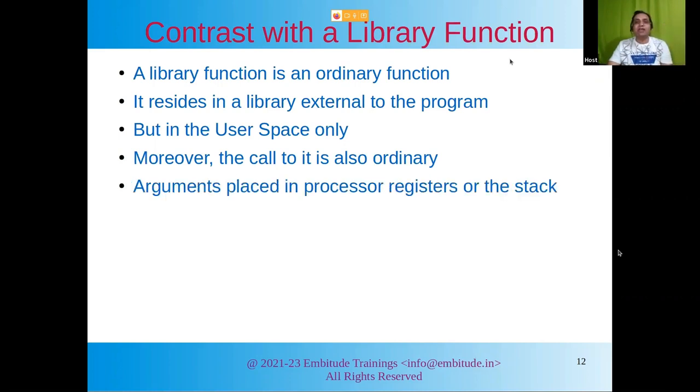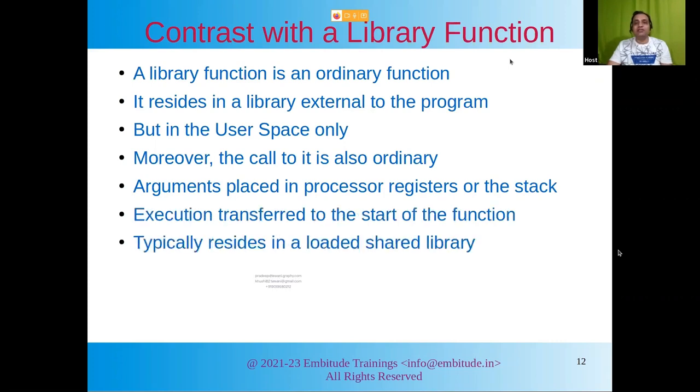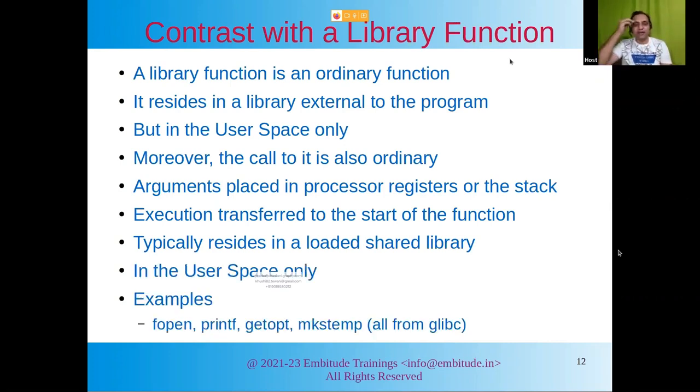Arguments are placed in processor registers and execution is transferred to the start of the function. It is typically in a shared library like libc. Examples are printf, fopen, getopt and all those kinds of things. I hope this is clear. Yes, sir, it is clear.